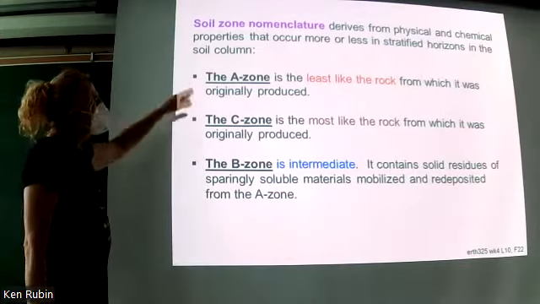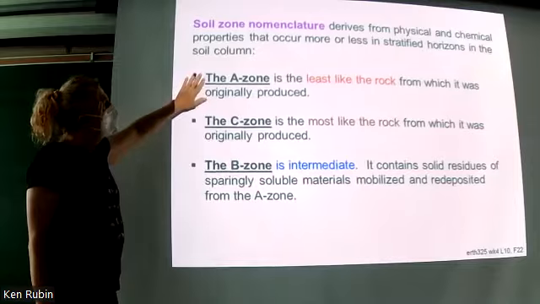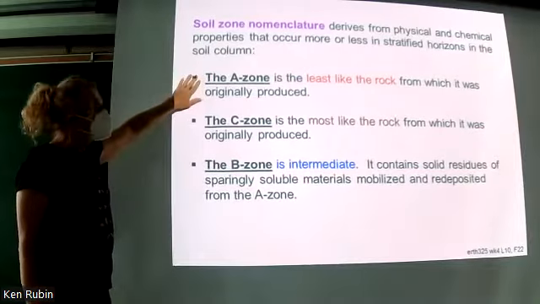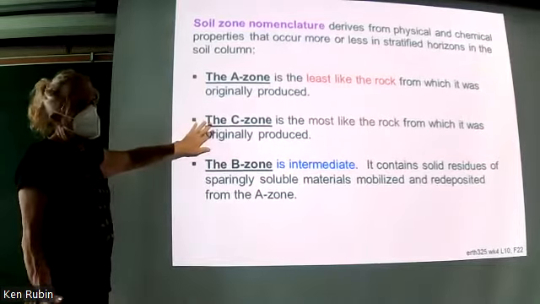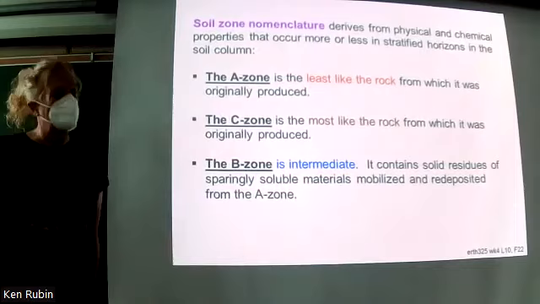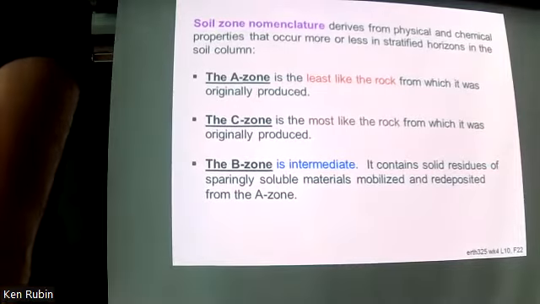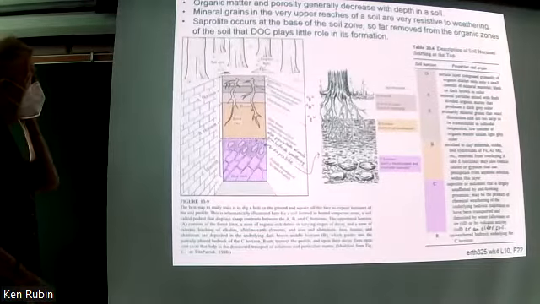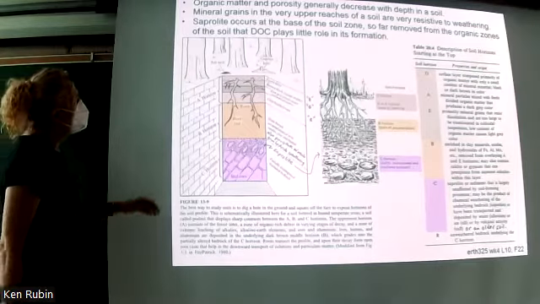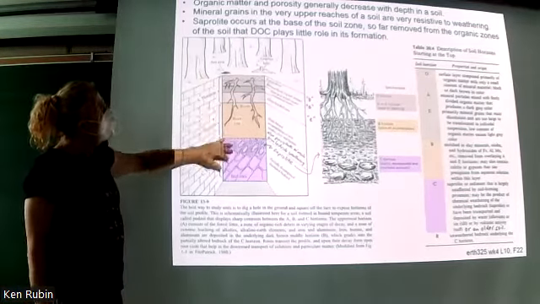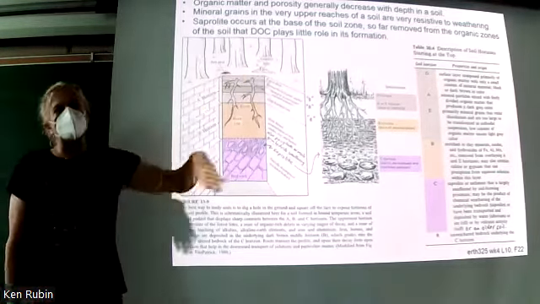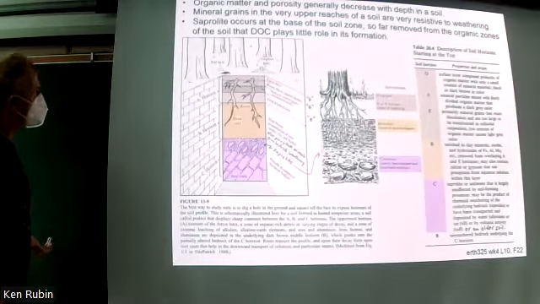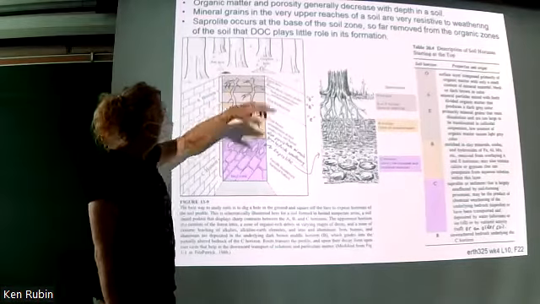So this just summarizes: the A zone, the top, is least like the rock and most organic rich. The C zone is most like the rock that it came from, and the B zone is the zone of accumulation. There's a couple of other more detailed graphics. This one's showing you the relationship between the horizons and land plants and animals living under the ground surface, like ants and gophers.